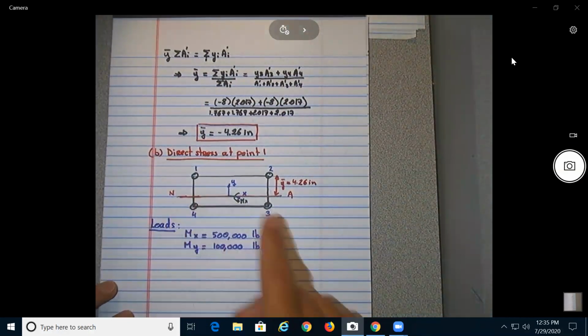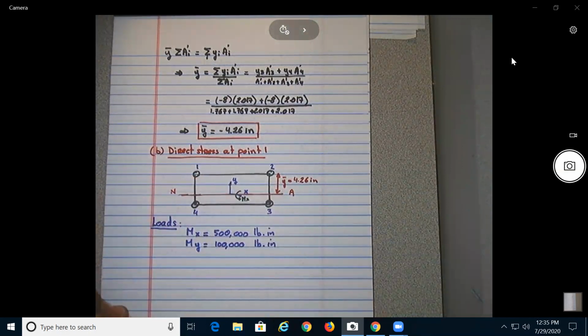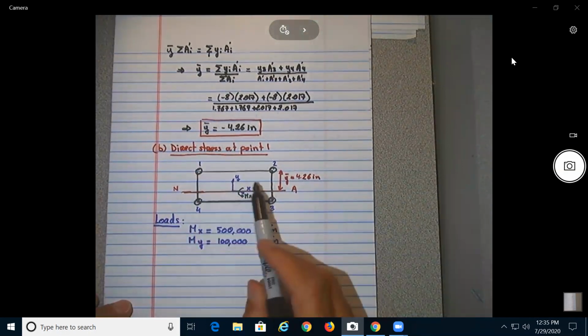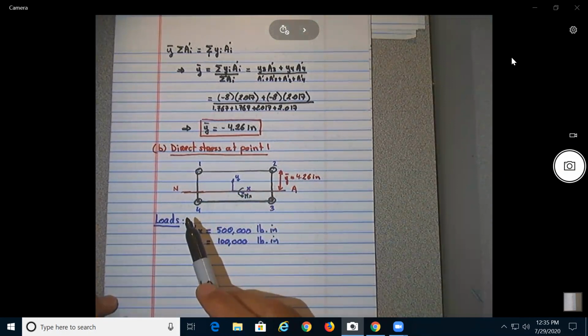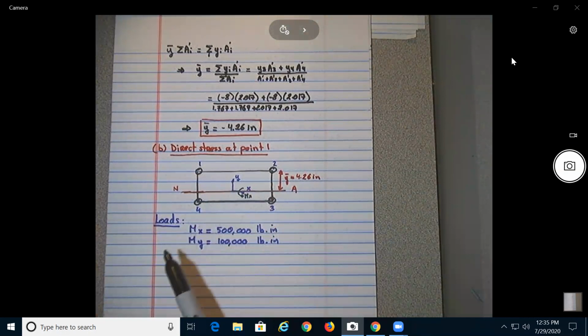So in other words, due to the mx positive, 1, 2 will be tension or compression? If it's bending down, is this one tension or compression?